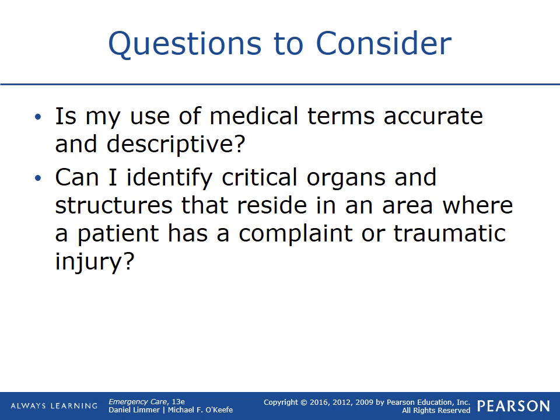Would they get a good visual of what actually was going on and what happened? Can I identify critical organs and structures that reside in an area where a patient has a complaint or traumatic injury? It'll give you very good clues about what's going on with the patient if you can understand what organ it's affecting.